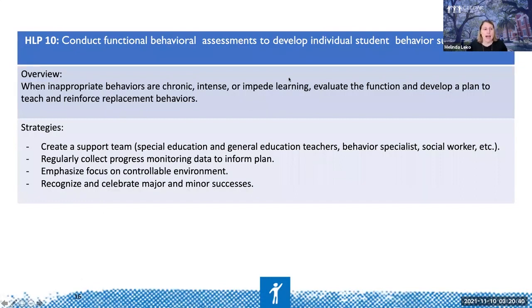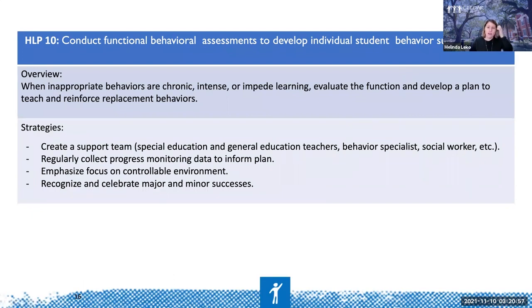HLP 10, the last one of the social emotional behavioral ones, is all about conducting a functional behavioral assessment, FBA, to then develop an individual student behavior support plan. Many people refer to these as BIPs, behavior intervention plans.